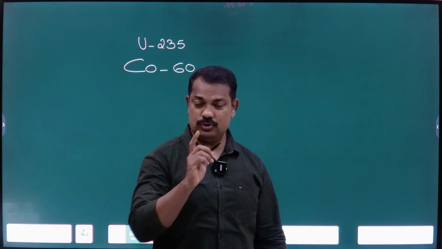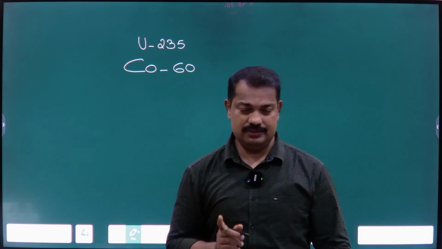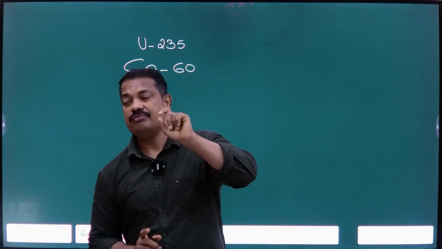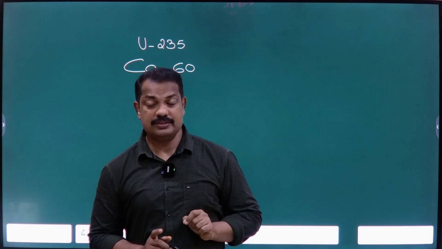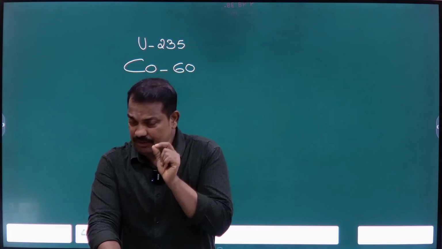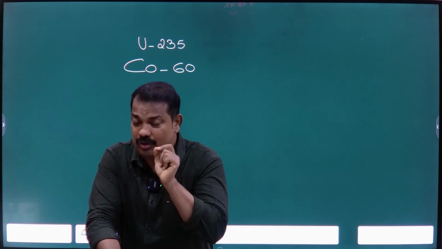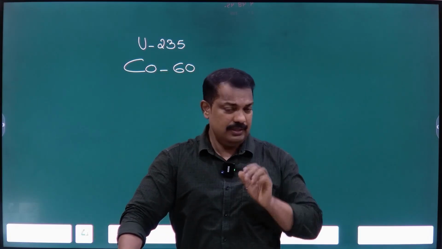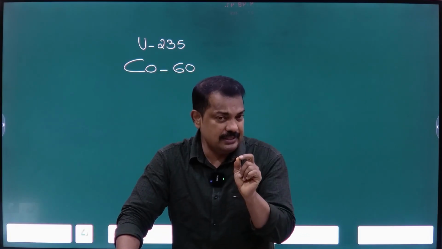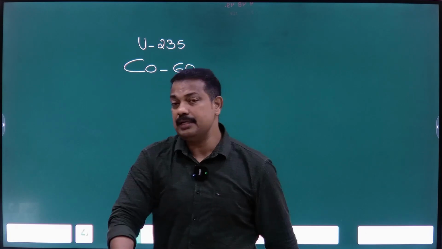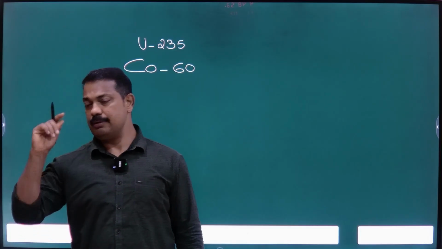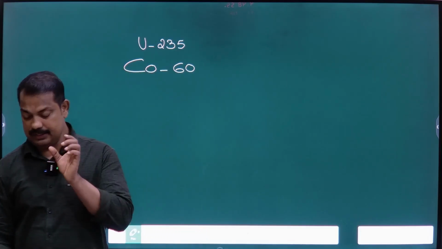Cobalt 60 is used in the treatment of cancer. Uranium-235 is used as a fuel for the production of electricity in a nuclear reactor. Second, cobalt 60 is used in the treatment of cancer.